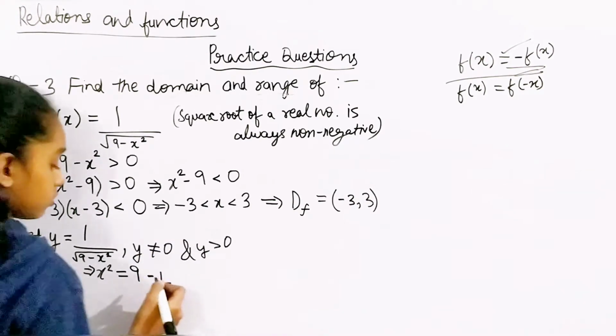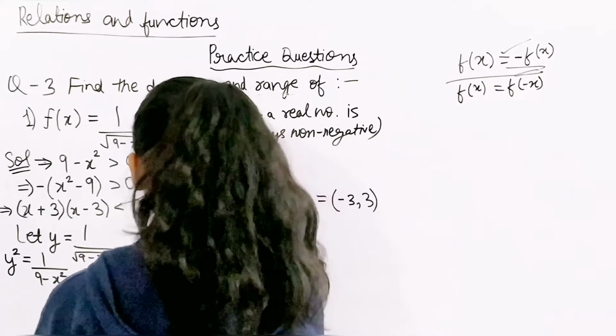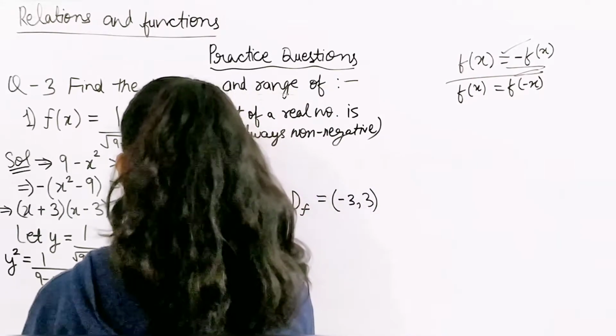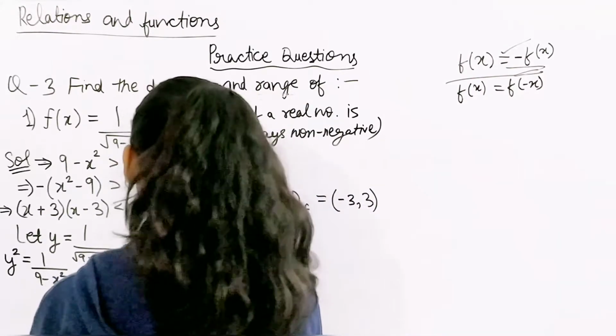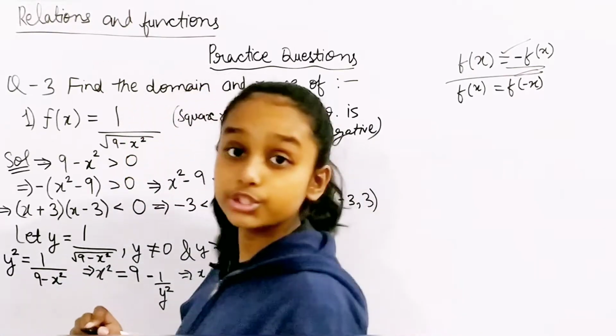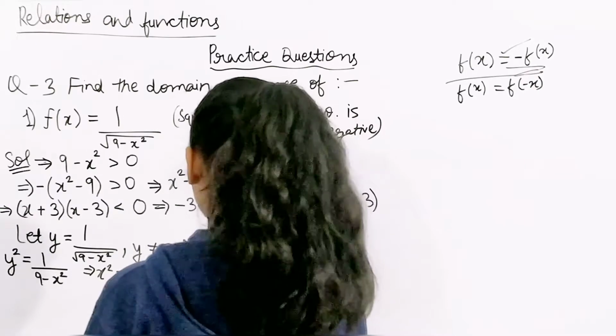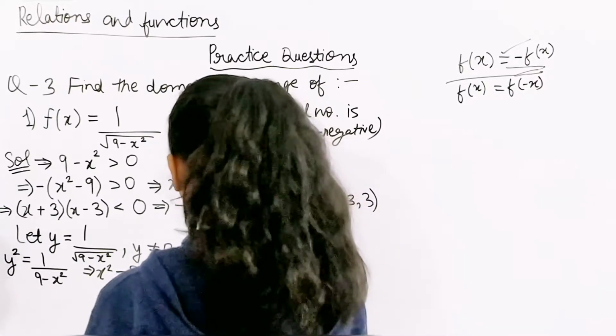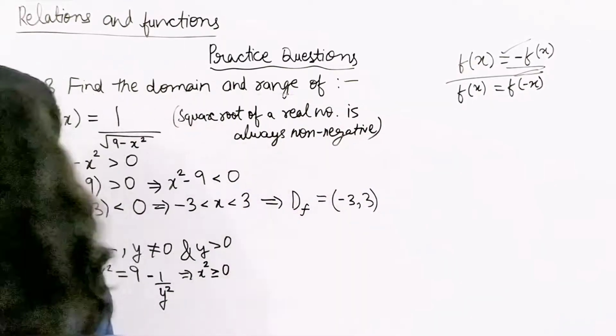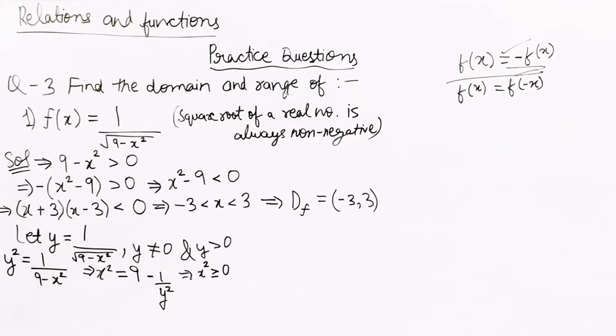And as we know that x squared is going to be greater or equal to 0. Just have a look, x squared is going to be greater or equal to 0, for all the elements x that belong to the domain of the function.